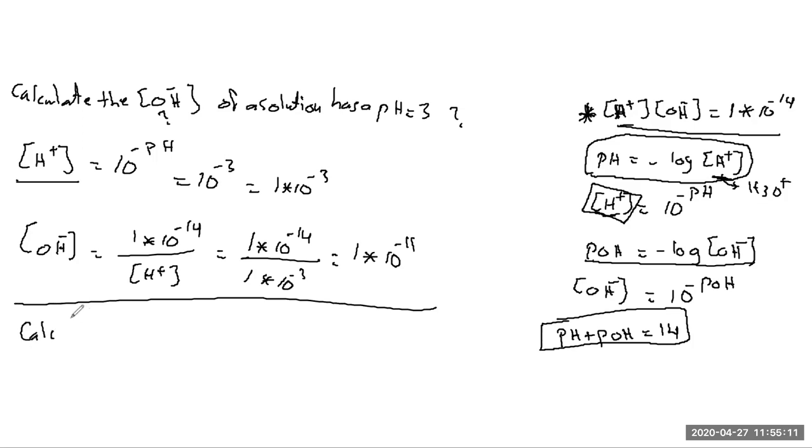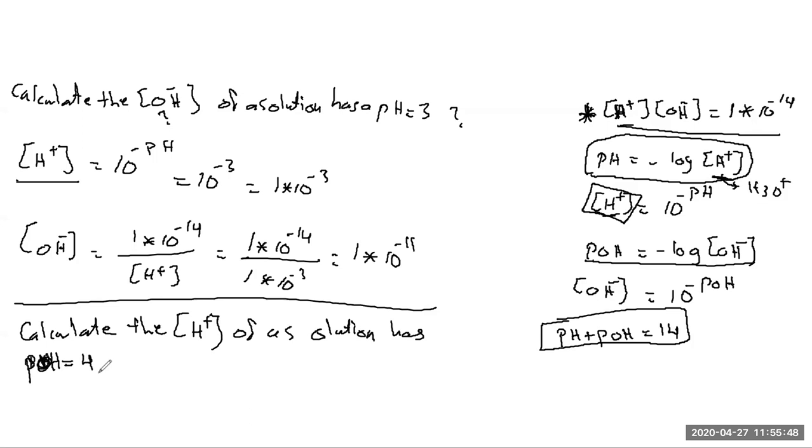Calculate the concentration of H positive, sorry. So a solution has a pOH equal 5.